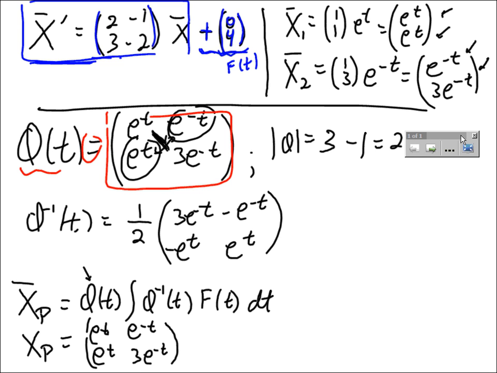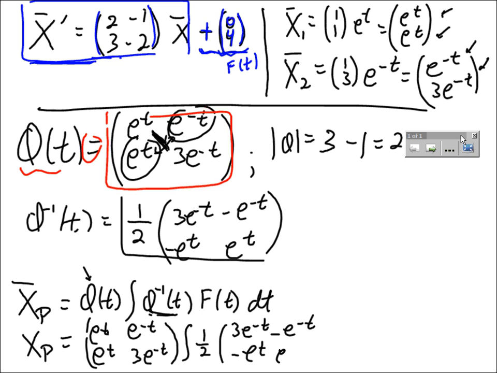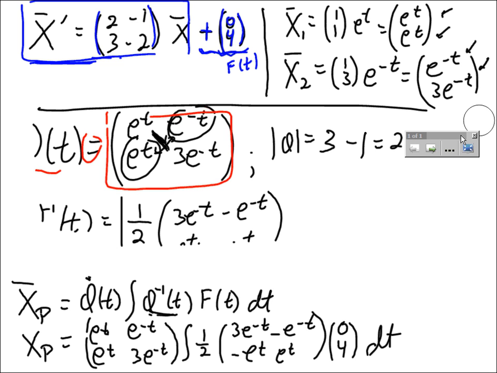It equals that, times the integral of phi inverse, which is this part, 1/2 times this matrix, times f of t, which is 0.4, times dt.